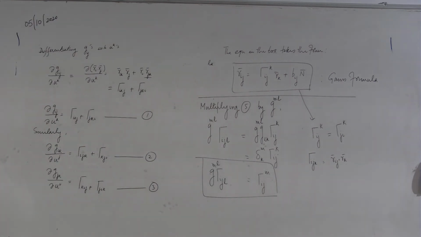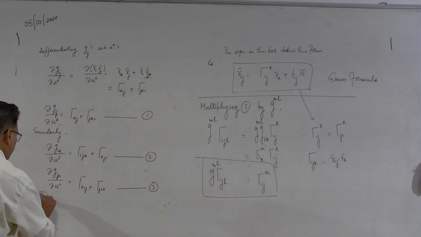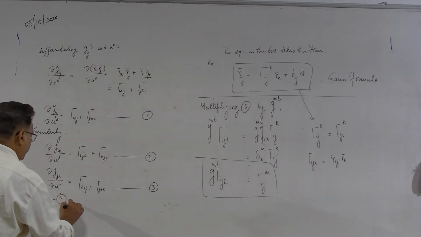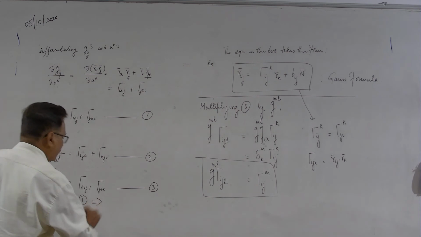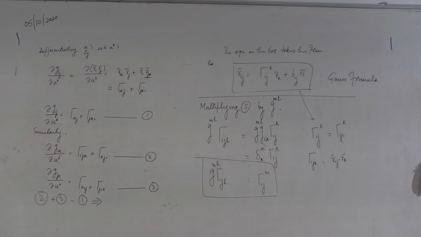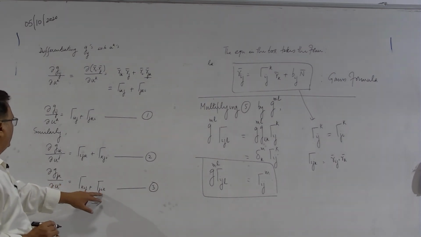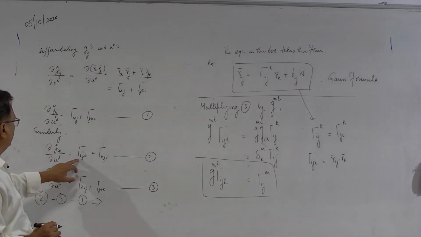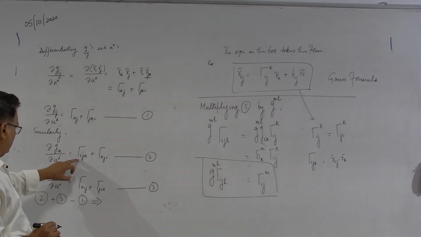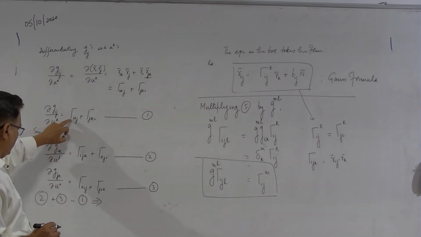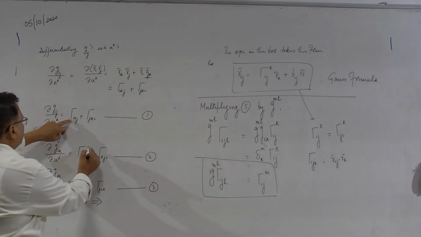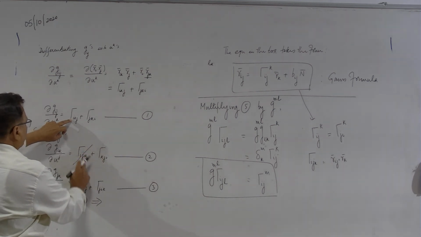Now here I will add 2 and 3 and subtract number 1. So 2 plus 3 minus 1 gives me what? Any term that cancels, cancel it right here. [ji,k] and [ij,k]: the first term [ik,j], yes, [ij,k] is positive and this will be negative.